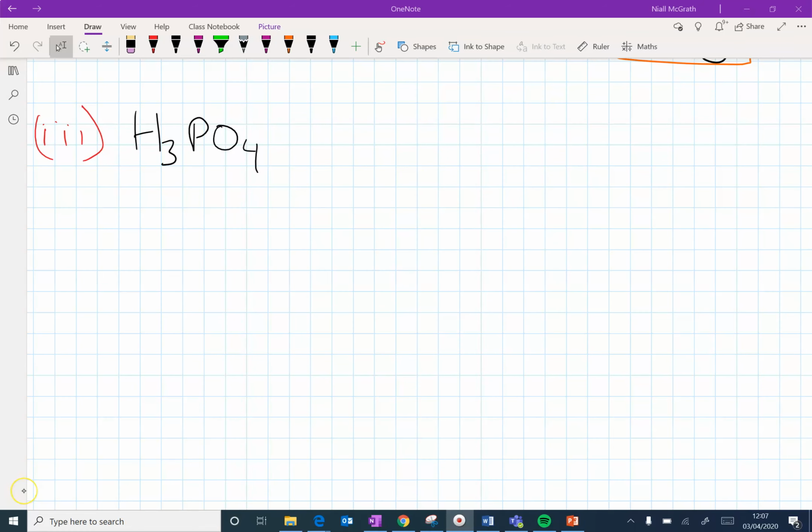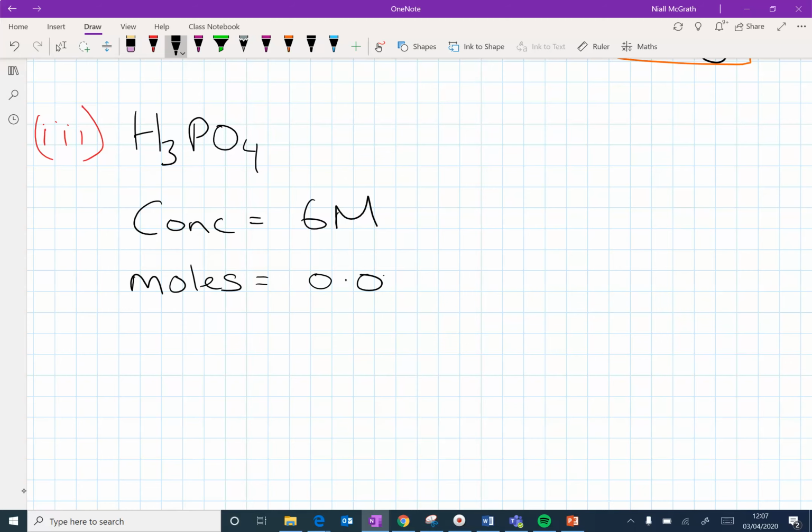So our concentration is equal to 6 molar, and our number of moles is 0.03. We want to find our volume, the minimum volume that we needed. This 6 molar is 6 moles per litre.